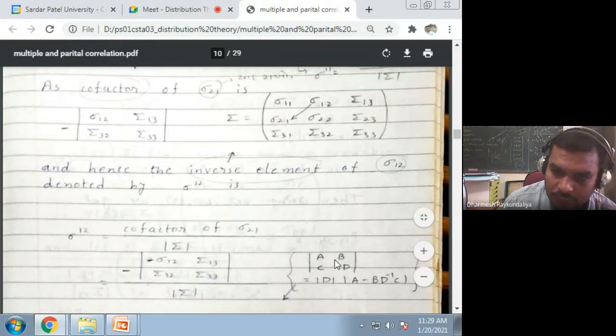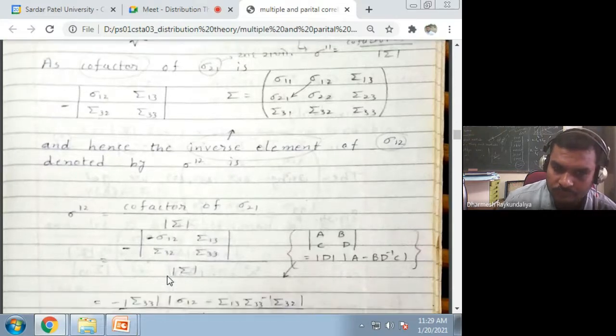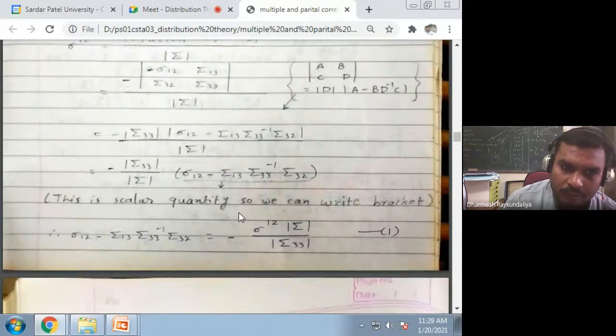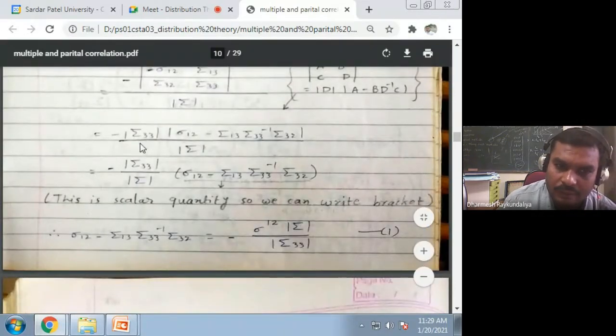We know that the determinant of the block matrix ABCD is the determinant of D times the determinant of A minus B D inverse C. Here D is sigma 3 3. So we can write determinant of sigma 3 3 into determinant of sigma 1 2 minus sigma 1 3, sigma 3 3 inverse, sigma 3 2.